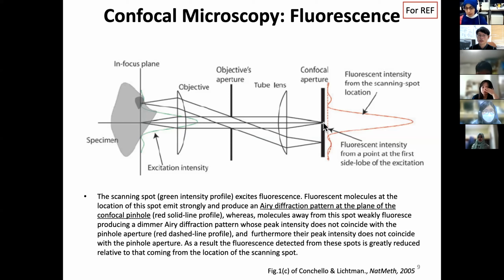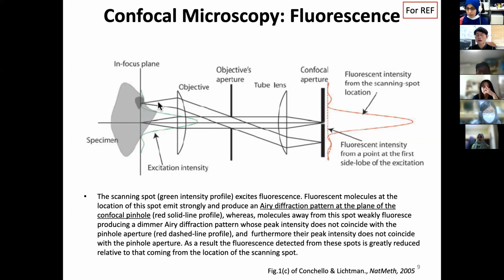And what it means is, in fact, that when you shine the light to here, it goes through this optic, so you are making a kind of point spread function of excitation.